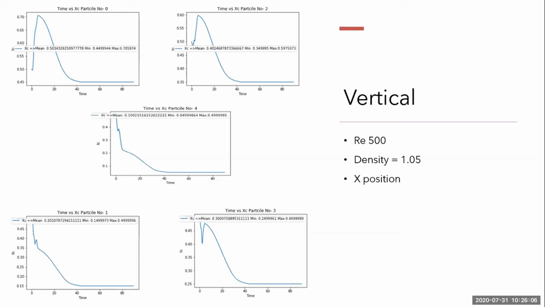The particles were at about steady state around t equal to 50, so it's very much the same. I was experimenting when I was changing the density. I was looking to see if I could visualize a big difference. If we change the density, can we see a difference? In this case, there's not much of a difference.